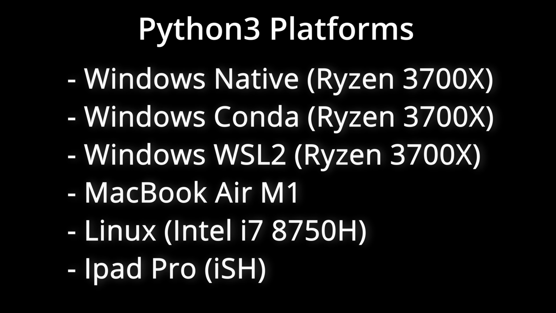Then a MacBook Air with the M1 processor, Linux with an Intel 8750H, and an iPad Pro that is running under iSH. And this is also an emulated environment inside of an iPad, just for perspective.